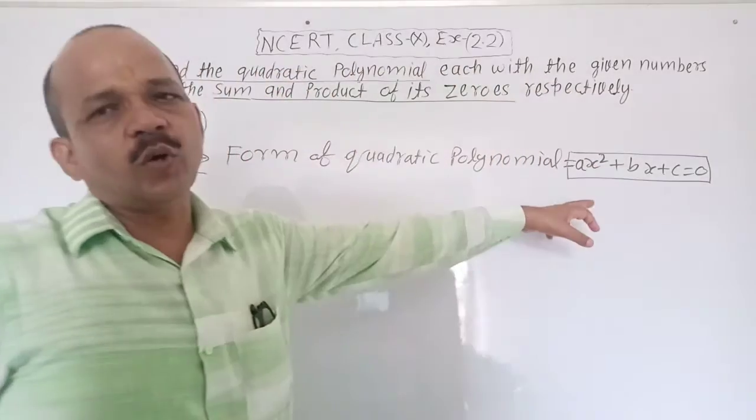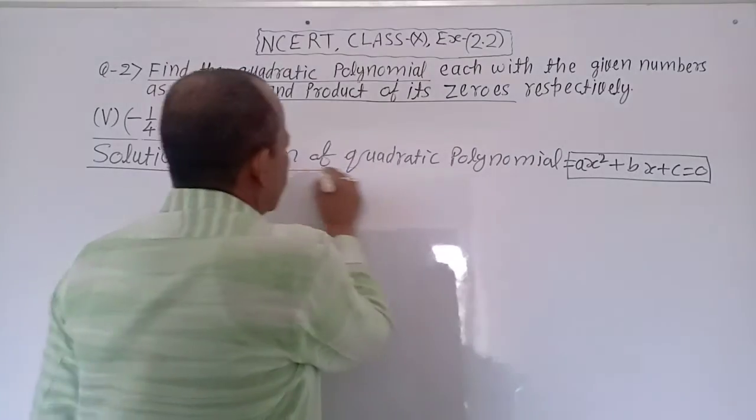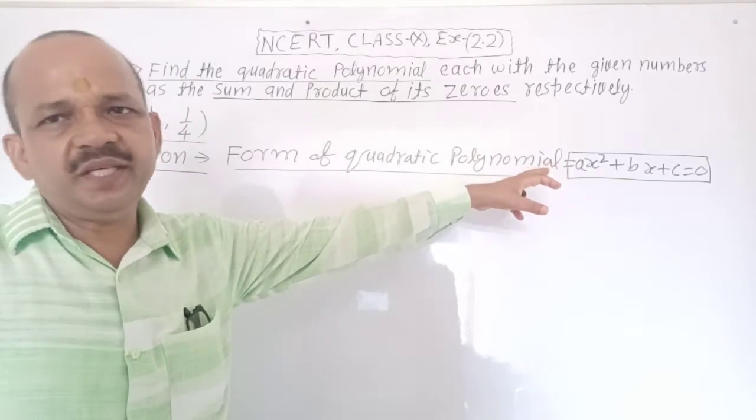Form of quadratic polynomial is clear? No confusion about it? Very good.